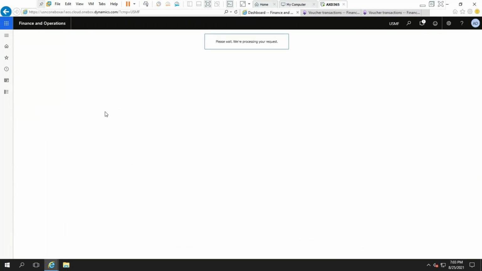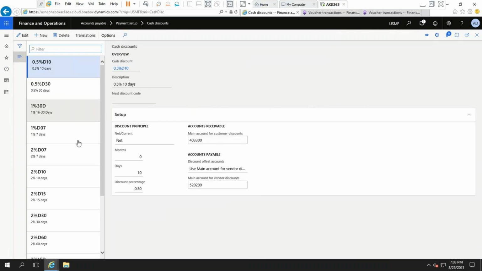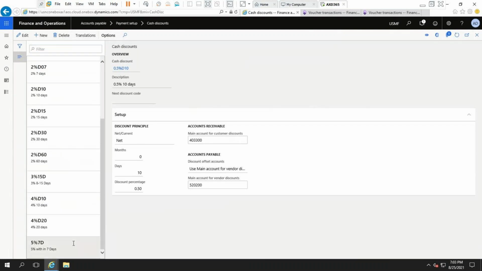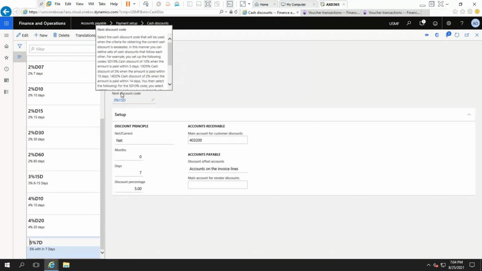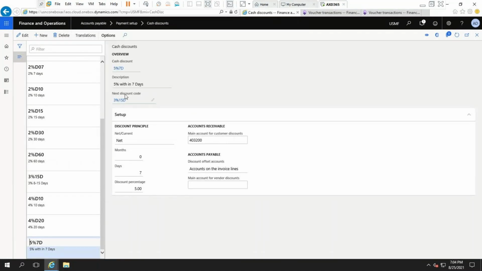So here, initially, suppose we have mapped 5% with 7 days, am I right? After that, have you connected like this? Okay, this should be corrected. Yes, I did that. Let me try that again.